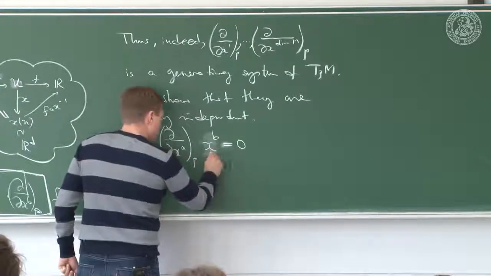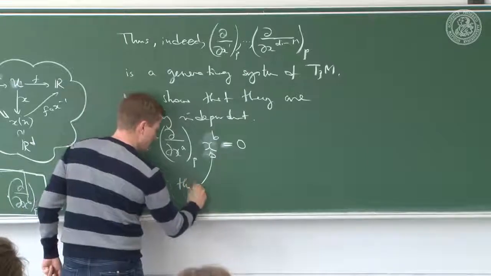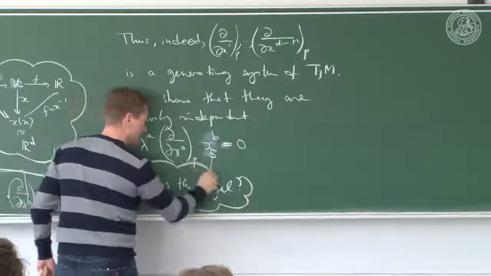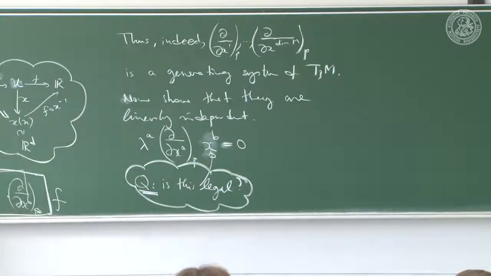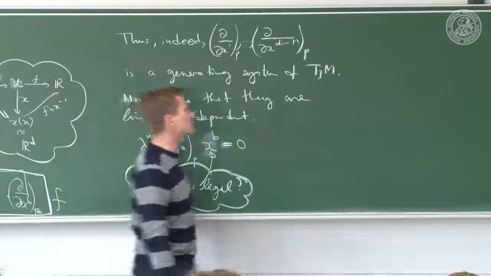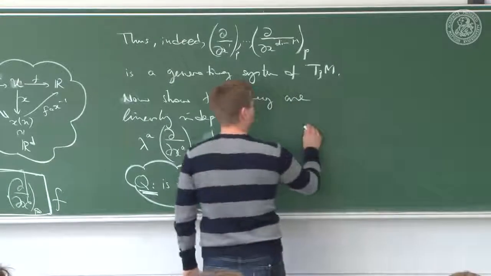There is the immediate question, is this legal? A lawyer will always tell you it depends. That's the safe answer. No, the answer is yes, it is legal, but it's not so obvious. Why is it not so obvious? Well, let's look at this.